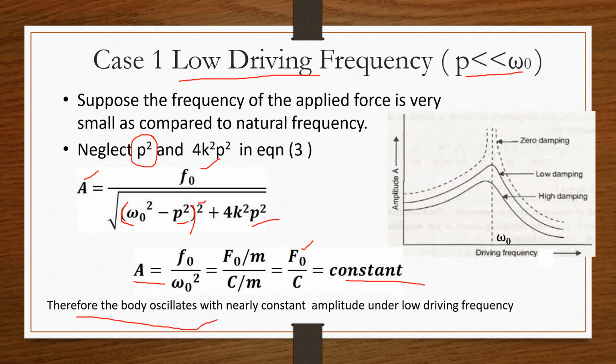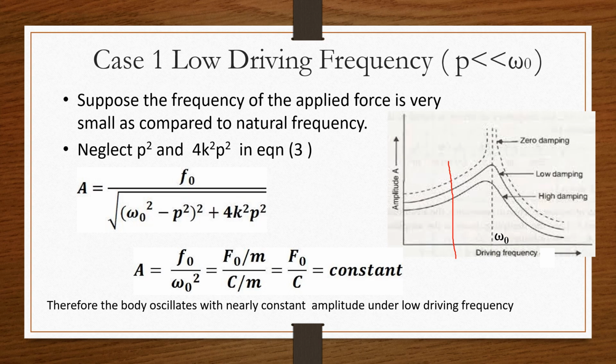Therefore the body oscillates with nearly constant amplitude under low driving frequency. It is also obvious from the figure that in the region of low driving frequency, the curve is almost horizontal. That is, the amplitude remains almost constant in the low driving frequency region.